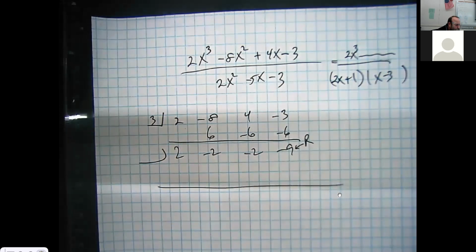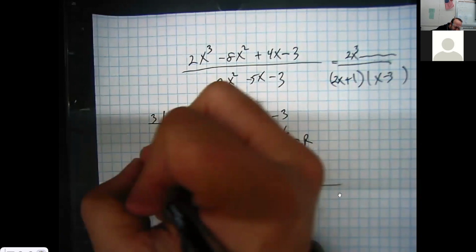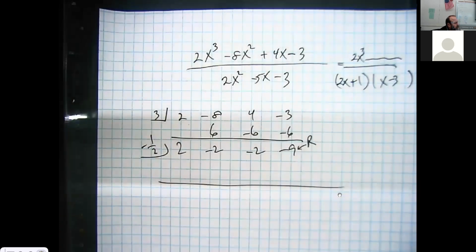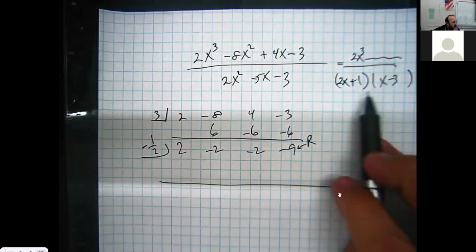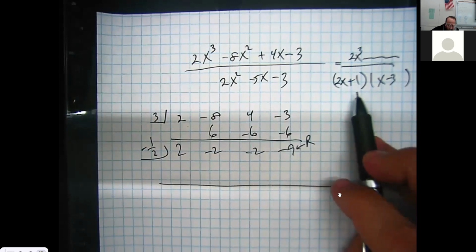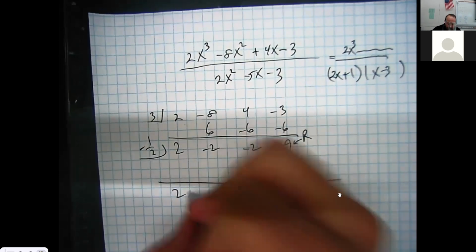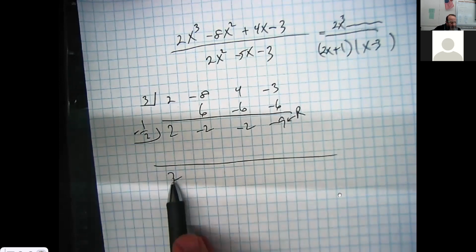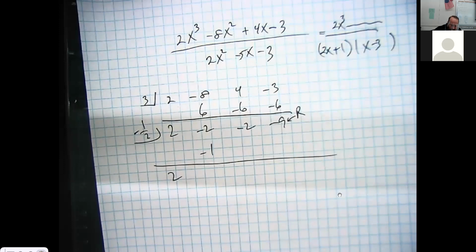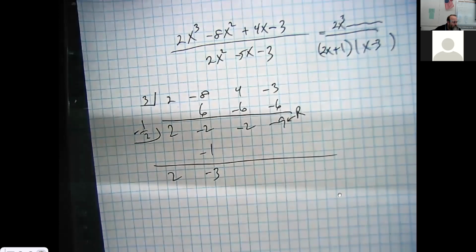And here's what I want to do, because I personally am a little obstinate. I really, really, really like synthetic division. So here's what I'm going to do. I'm going to look at that thing and I'm just going to call this negative 1/2. Now, is that the root to the other piece? Okay, well, let's try it. Let's pop that down. What is negative 1/2 of 2? That's going to be minus 1. I pop that down, that's negative 3. Now, some of you guys aren't going to like this very much, but what's going to come next?